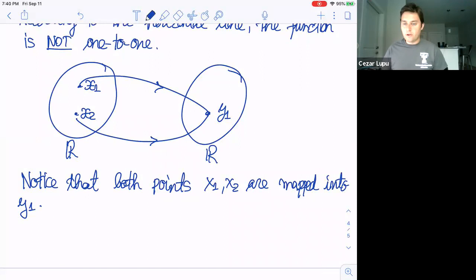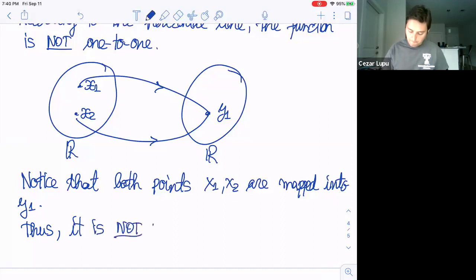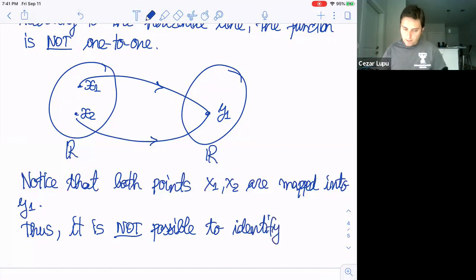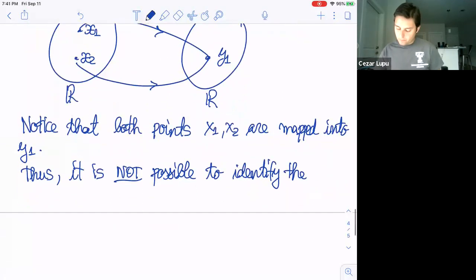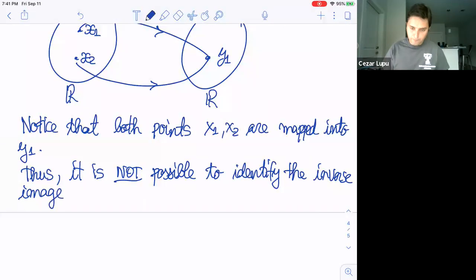Well, unfortunately, at this point it is not possible to identify the inverse image of y1 uniquely.